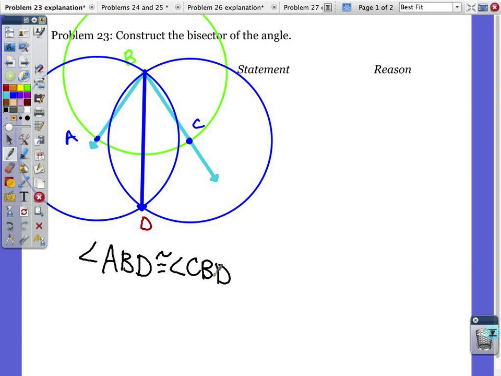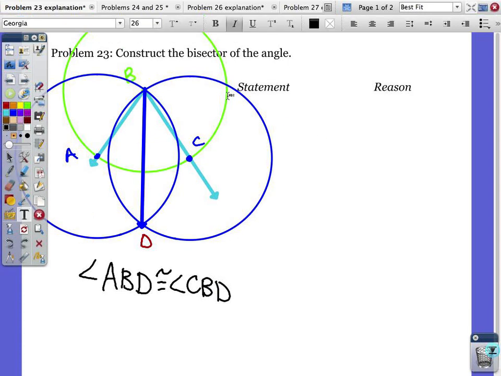Okay, all right, let me write this down. So here's how this is going to work. For every statement that we make, here's a statement: BD is congruent to BD. Is that true? Yeah, by reflection. The reason is the reflexive property.